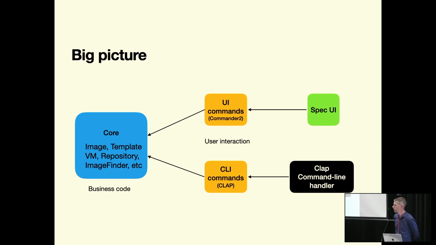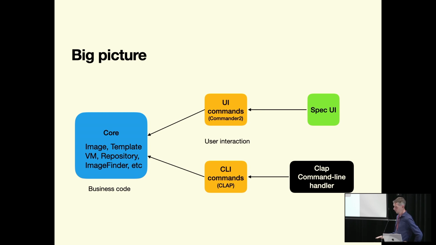So how was it done? In Faro Launcher, the core, the business code of Faro Launcher, is in its own package. You have all concepts of Faro Launcher, the images, the repositories for images, for templates, virtual machines, how to find an image, and so on. And after, you have commands. For the UI stuff, we use Commander2 commands.